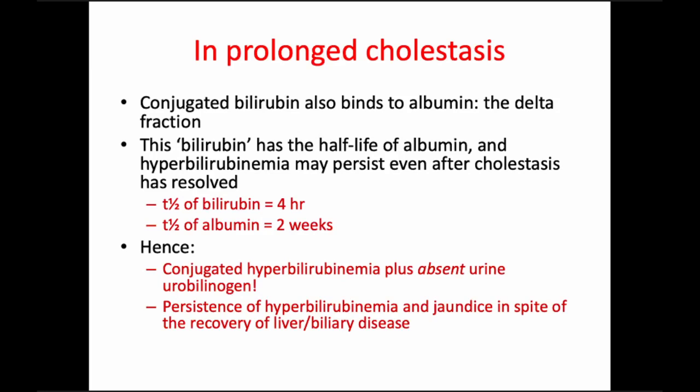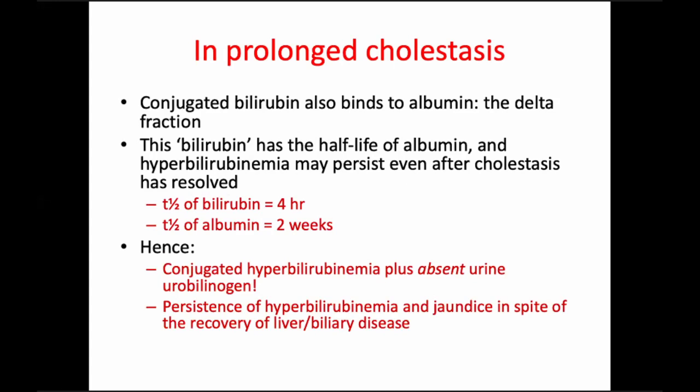Now, in prolonged cholestasis, the conjugated bilirubin also binds to the albumin molecules in the blood, and that has been given a new name. It's called the delta fraction of bilirubin. This bilirubin has the half-life of albumin rather than bilirubin itself, and therefore this hyperbilirubinemia may persist even after the cholestasis has settled.